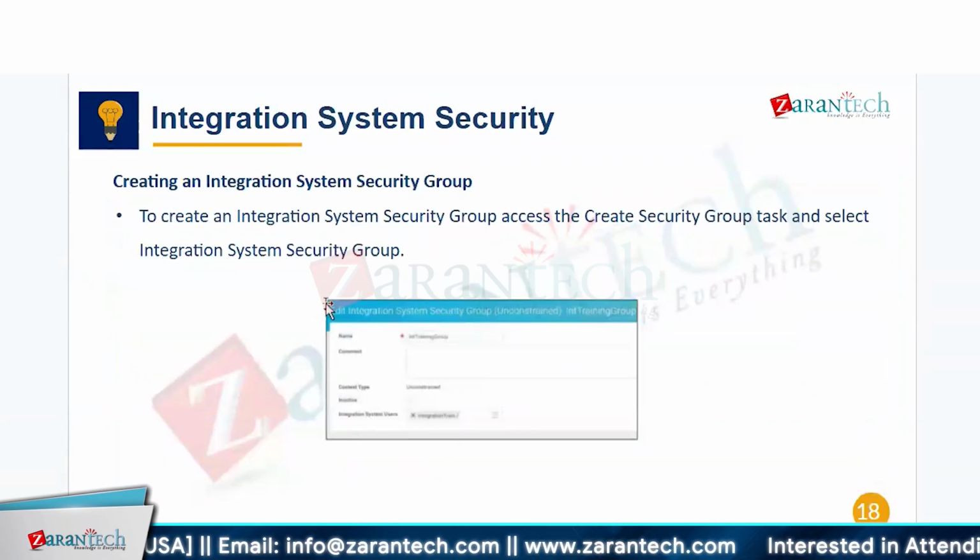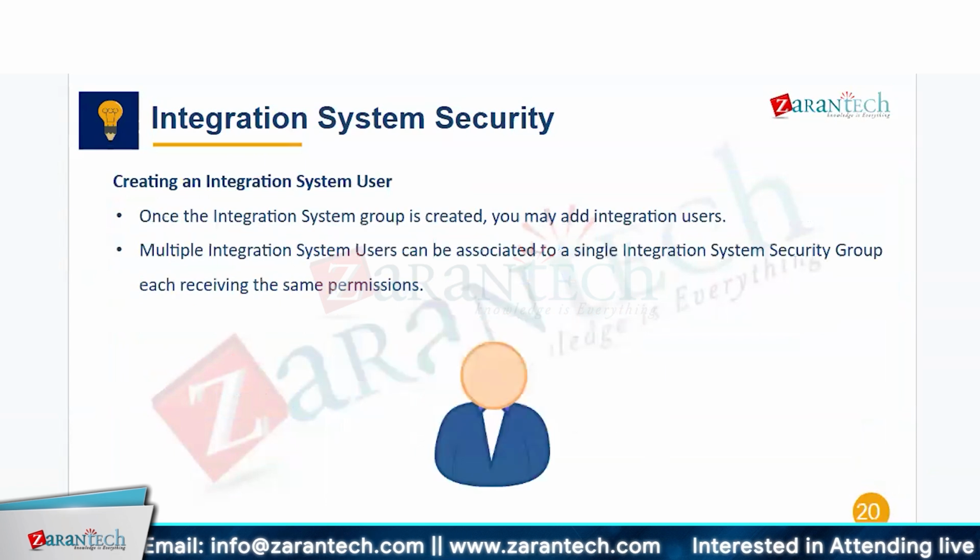Okay, creating an ISSG, creating an ISU, and then it says once the group is created, you may add integration users. Yes, multiple integration system users can be associated to a single ISSG. A group, as the name suggests, can have multiple ISUs inside it. And why is it done? Because you are building core CCW integrations, and similar access is required for all of these.